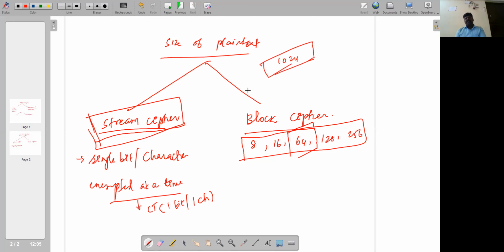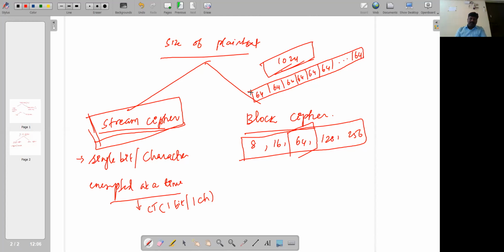This entire plain text is divided into small parts, where each part is called a segment or block. So this will be 64, the next will be 64-bit, again 64, 64, 64. In this way, we divide the complete 1024-bit plain text into a number of small blocks.